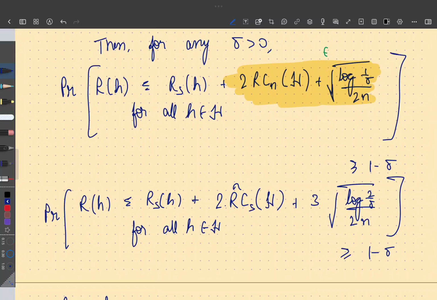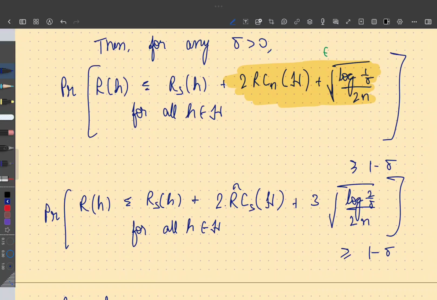If the Rademacher complexity vanishes as n tends to infinity, then the hypothesis class is PAC learnable. If not, it may not be PAC learnable.